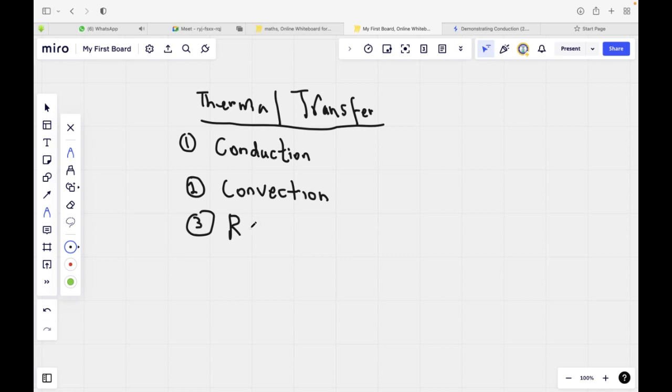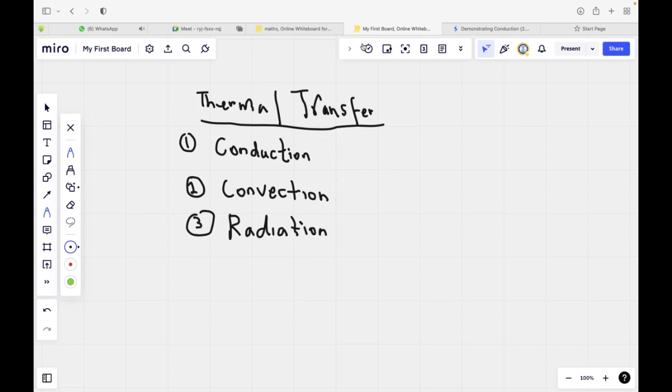So these are the three basic ways by which heat is transferred in our environment or in our systems or in materials. So we look at the first one, conduction, and we're going to give the concept. This one happens in solids, convection mostly in liquid and gas, and radiation through the vacuum, through the air, and so on and so forth.